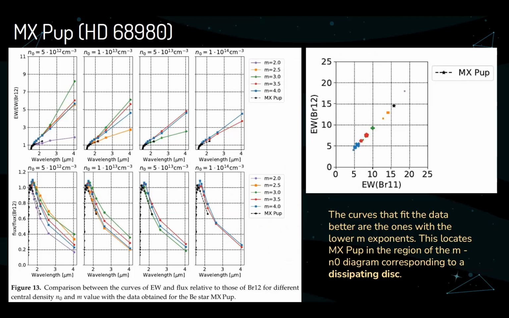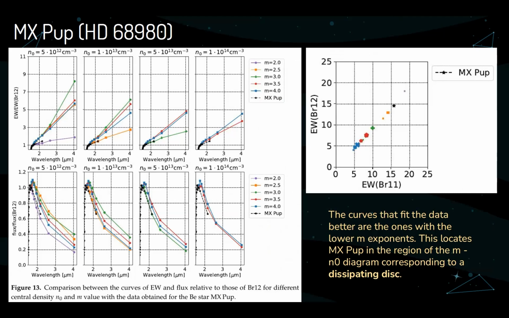To test if this makes any sense, we try to overplot with our real data. MX Pup is the star with the stellar parameters closest to the object that we model, so we overplot it here with the little stars. There's the data.